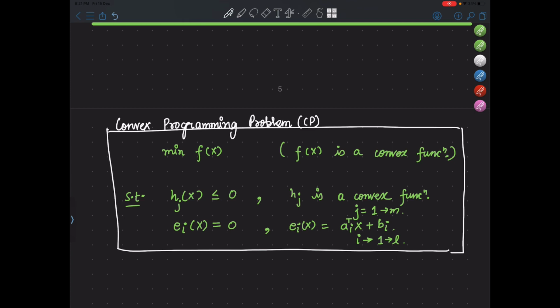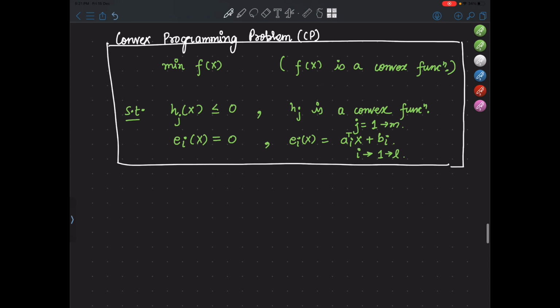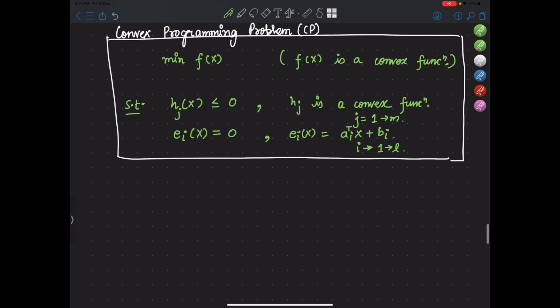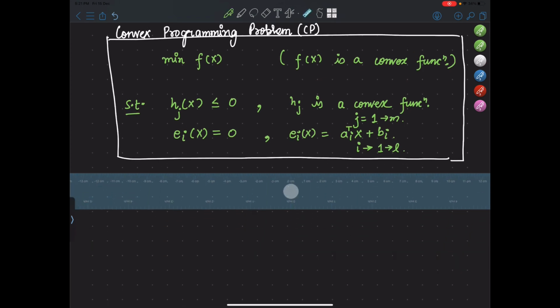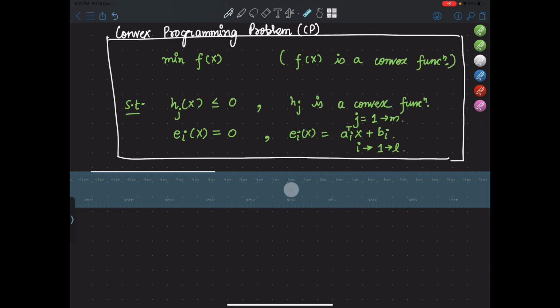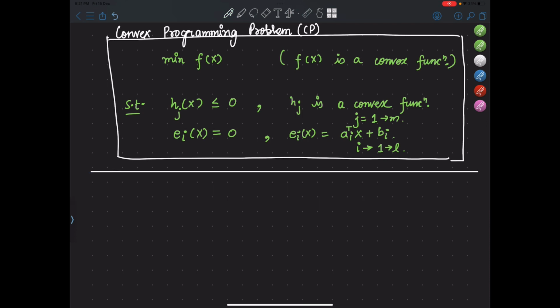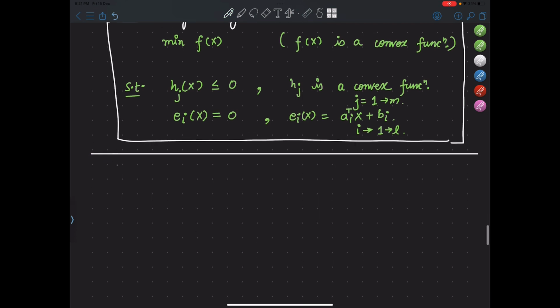Now let's look at some examples of such problems. The first one is a linear objective function subject to some linear inequality constraints.